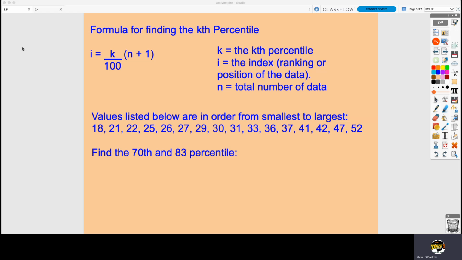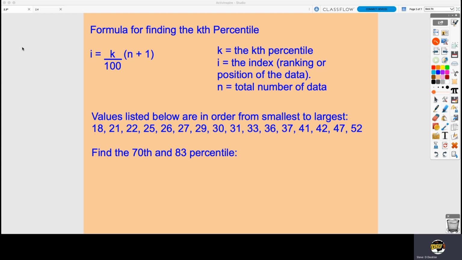Sometimes you're just going to have a list of numbers like we have down below. And this equation is going to be a way to figure out exactly what the number is going to be for each one of those percentiles. So this might actually make a little bit more sense than the chart.